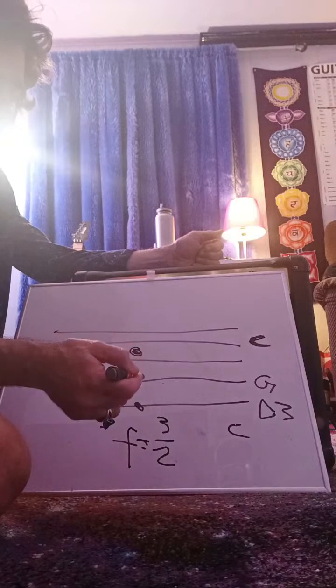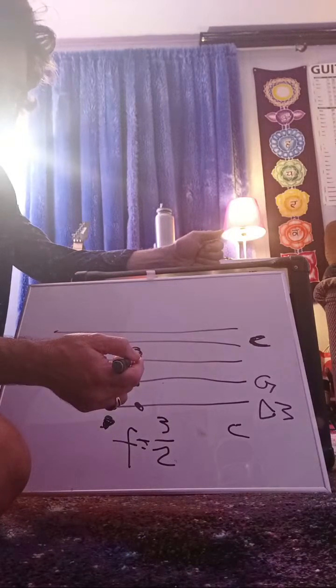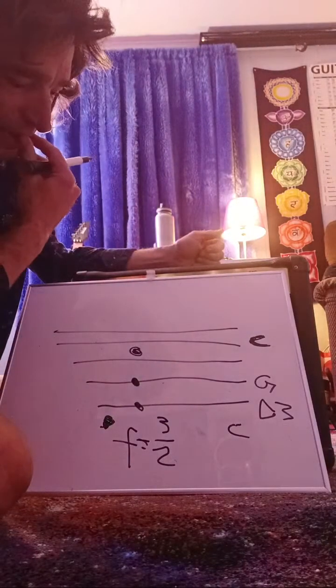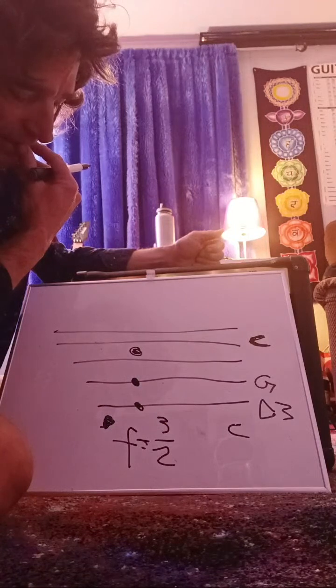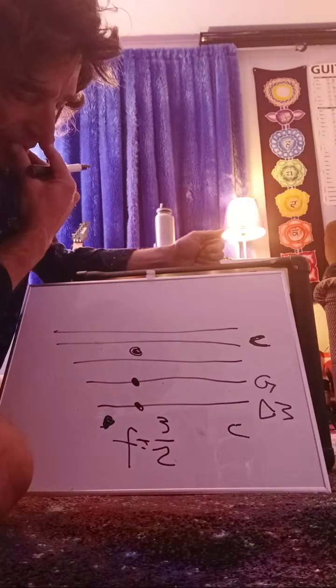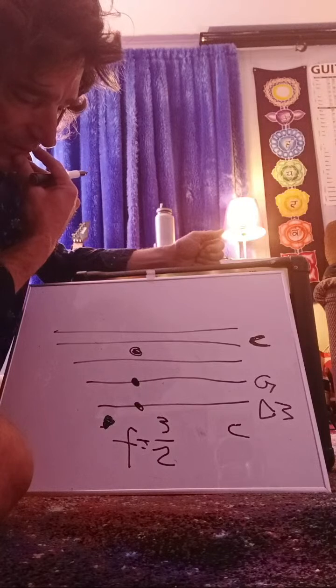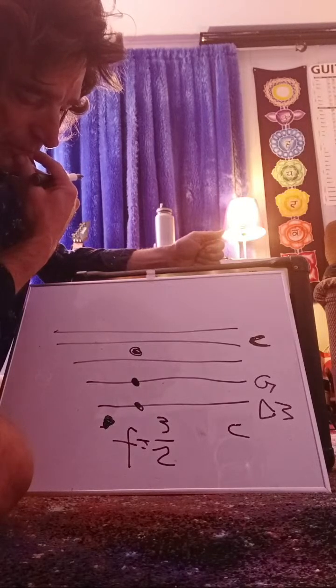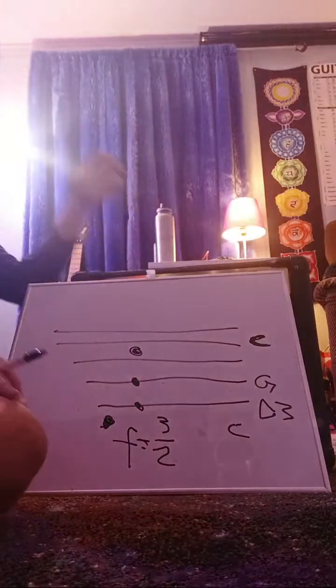Double it, you'd get 2 octaves and a fifth. Let me see. The sixth frequency would give you twice the perfect fifth. Let me think. Yes, okay, I got it now.